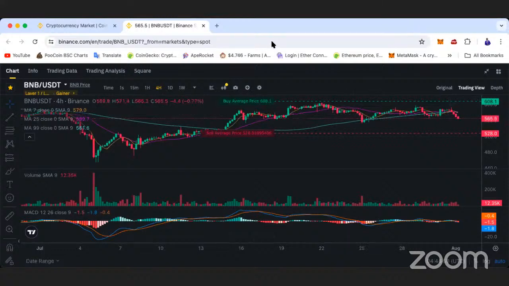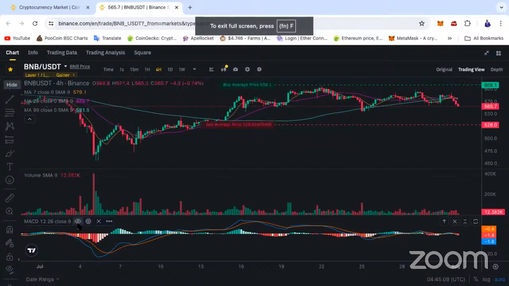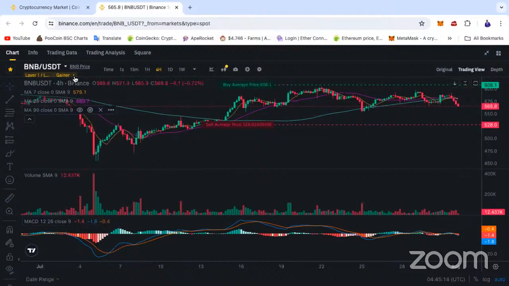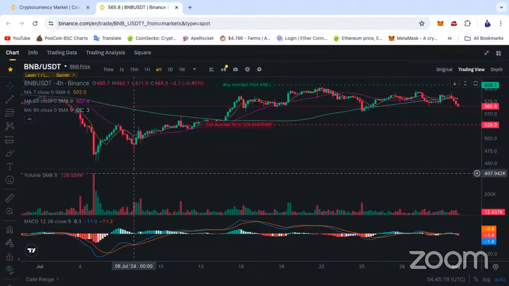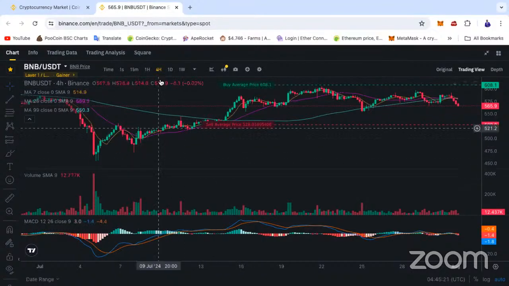So on my chart, if you can see very well, I have the Binance exchange, and with me is my TradingView application that has already been connected this side.